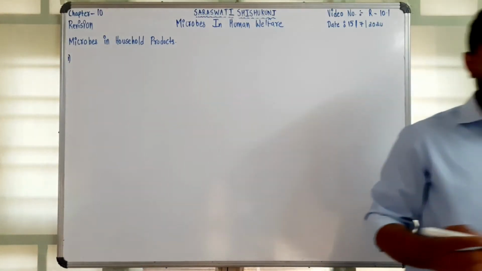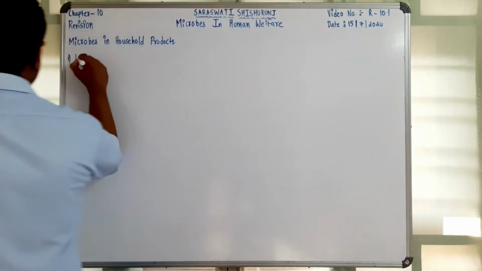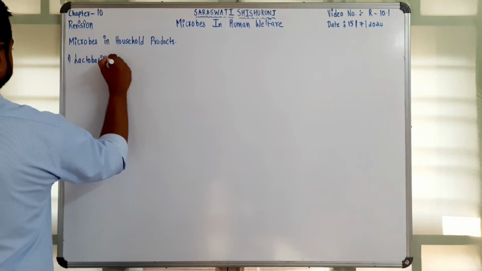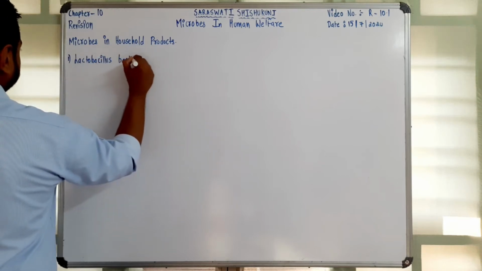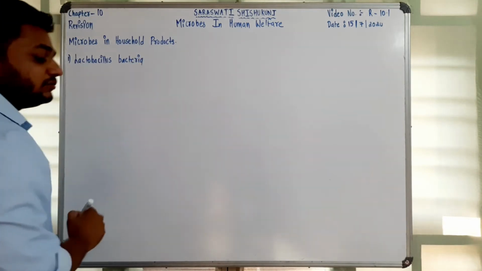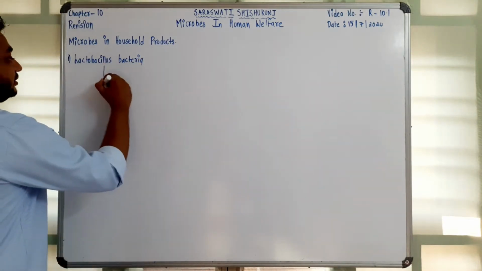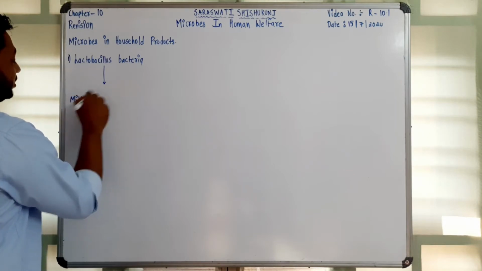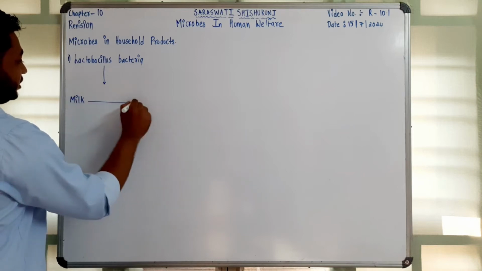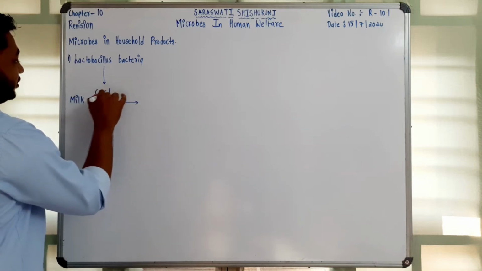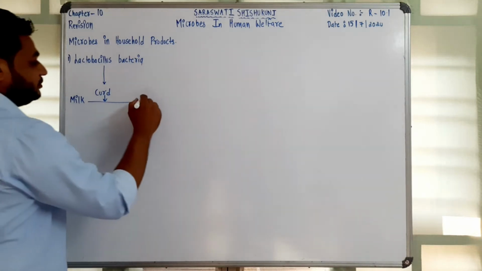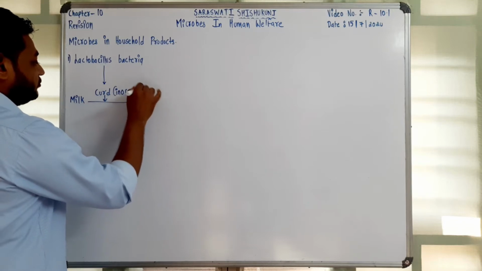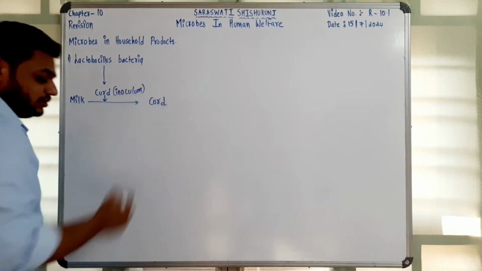You are familiar with lactic acid bacteria, Lactobacillus. This bacteria undergoes the coagulation of milk, right? When an inoculum is added in the form of curd into the milk, the milk gets coagulated. This is the inoculum. Coagulation occurs and it forms curd, right?